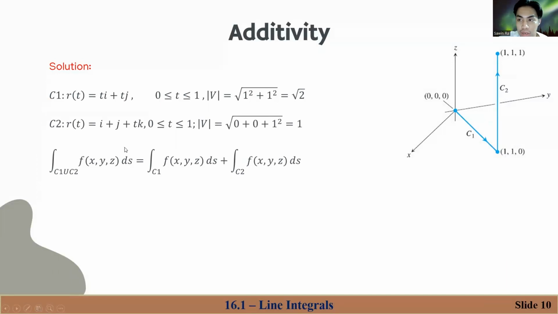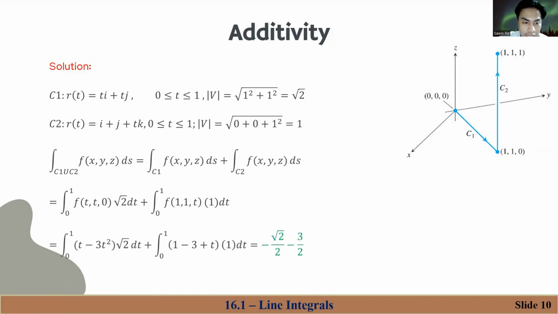Next, we can start doing the integration. With the formula that I mentioned earlier, the integration over the 2 lines can be added: integration over curve 1 plus integration over curve 2. Curve 1 and curve 2 both start and end at the same parameter values, which are 0 and 1. We plug the values for each function into its initial function and get the integral right here.